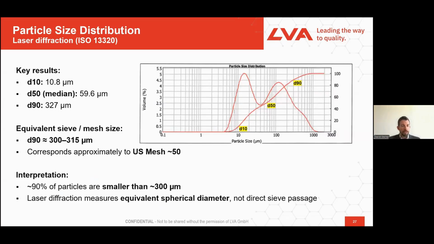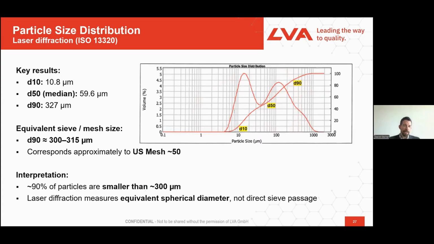We have also investigated the particle size distribution. In this case, the particle size distribution was analyzed using a so-called laser diffraction method within an ISO 17025 accredited laboratory. So in this case, one key parameter here is the so-called D90 value, meaning that 90% of all the particles are smaller than this size.